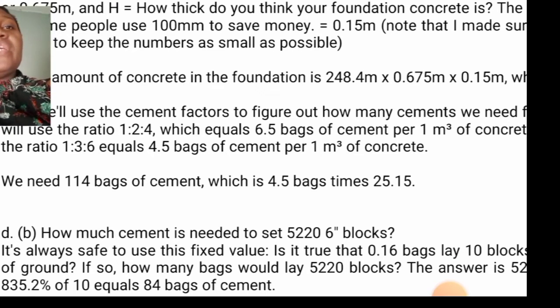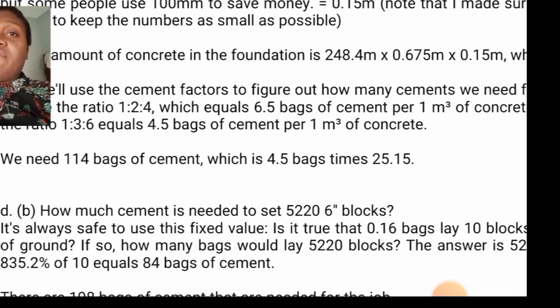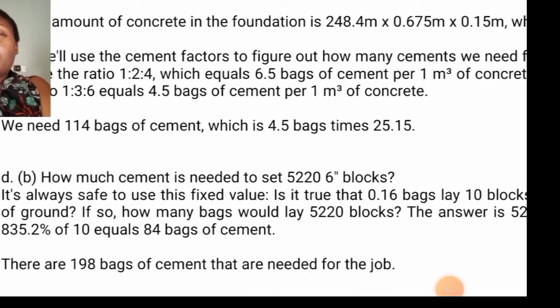When you multiply 4.5 bags of cement times 25.15 meter cube, that will give you 114 bags of cement needed for the concrete, that is for the foundation.